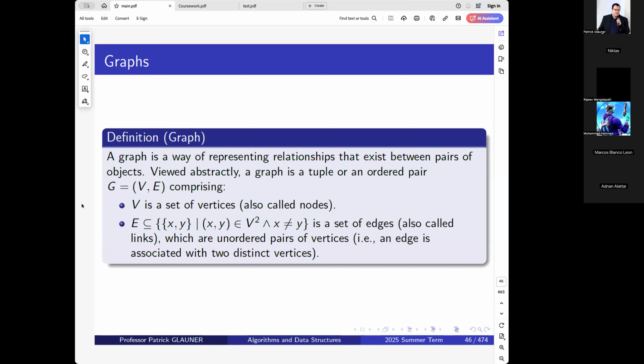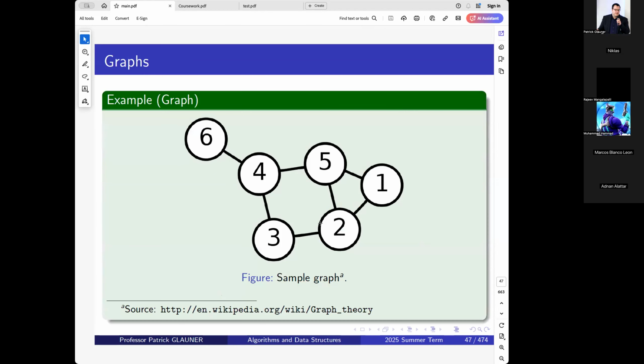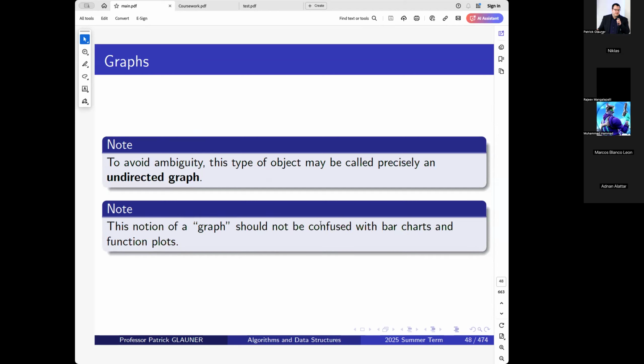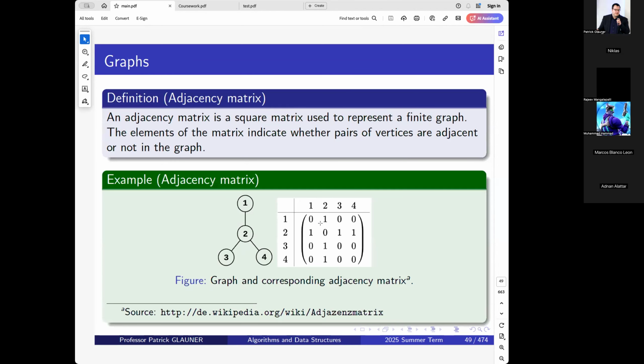You don't find it in the slides. You find the graph definitions, and a graph is a tuple or ordered pair V and E. And this is the example graph in the slides, and we have written down its definition. We have seen it's an undirected graph. We'll see directed graphs next week, and we've seen adjacency matrices.